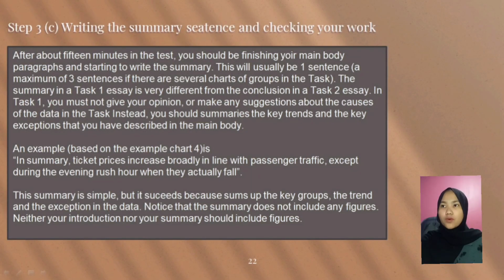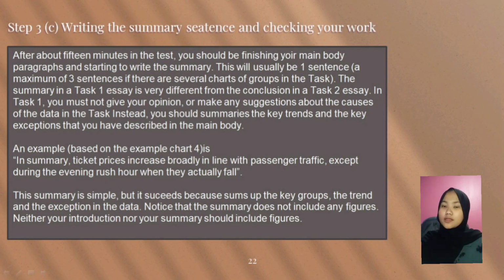Step 3C. Writing the summary sentence and checking your work. After about 15 minutes in the test, you should be finishing your main body paragraph and starting to write the summary. This will usually be one sentence, a maximum of 3 sentences if there are several charts or groups in the task.